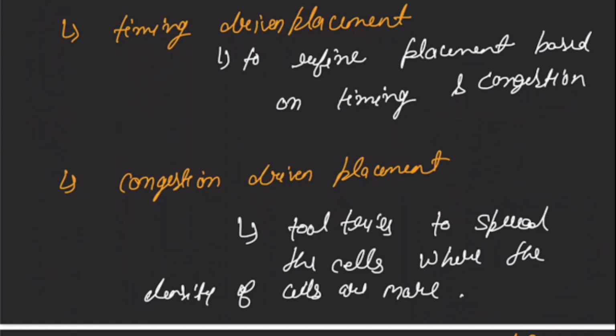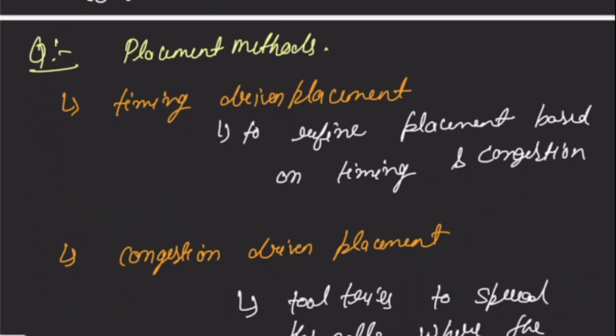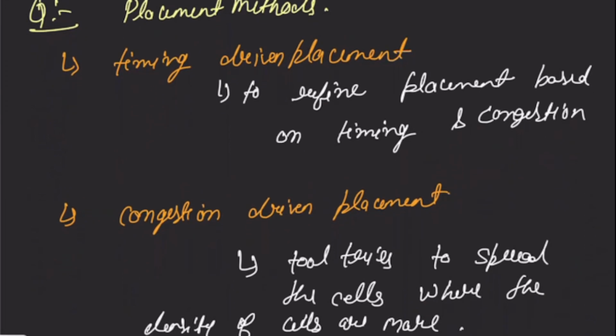There is a command we use in ICC, congestion driven placement with high effort, in which the tool tries to spread the cells where the density of cells is more. It will focus more on the congestion, and that helps in reducing the congestion. So these are the types of placement methods.